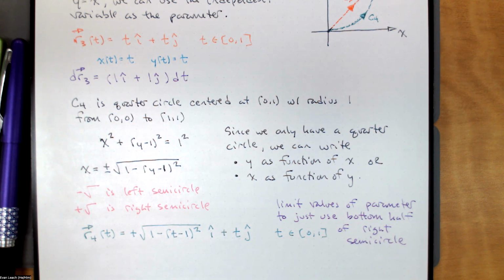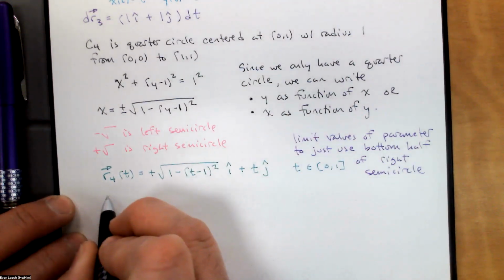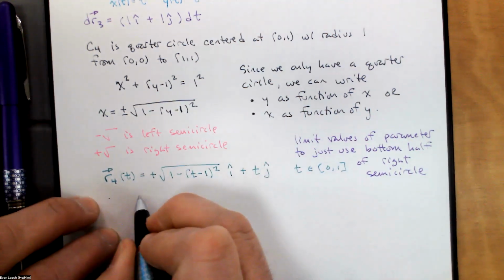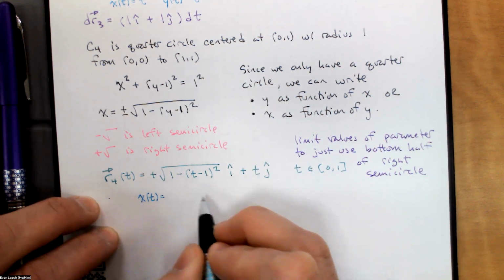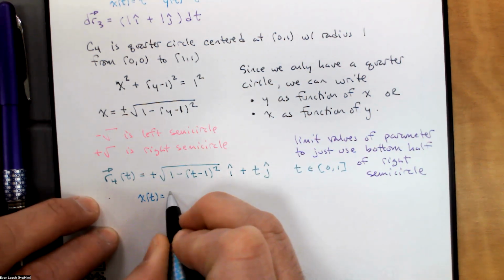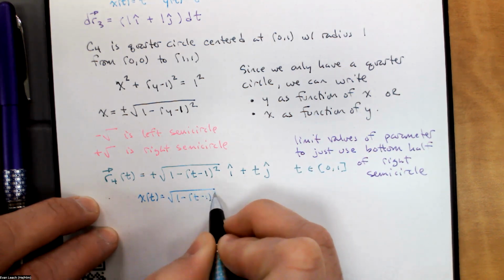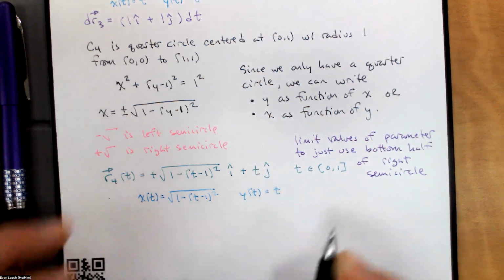Similarly, we can do the same thing with x as the parameter. Keep in mind that our x of t in this case, this is what we're going to have to plug into our vector field. Every time we see x, we're going to have to write the square root of 1 minus t minus 1 squared. And every time we see y, we're going to have to write t.